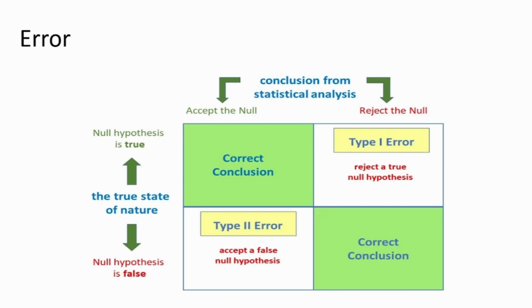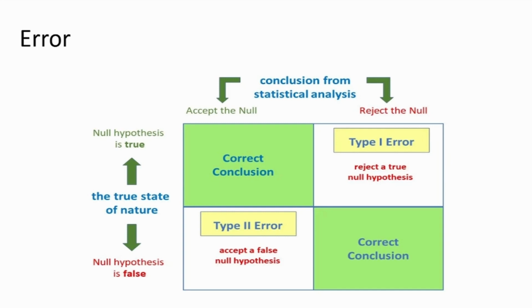That is what we are talking about. In these two green squares, what are the errors? The error is that the null hypothesis is true but you reject it, or the null hypothesis is false and you accept it. Okay? So, these are two mistakes written in red in the square boxes.